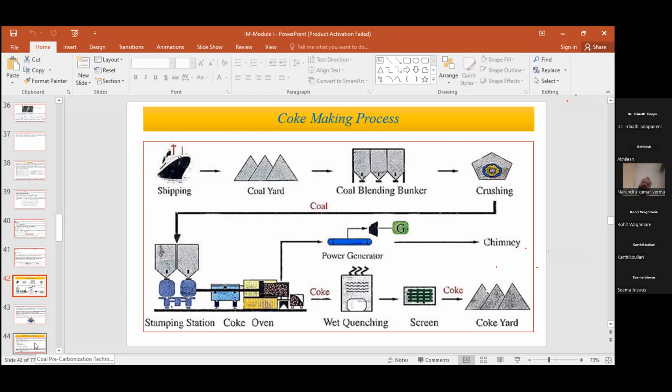We basically bring the coal from outside the mines by different means of transport, mostly by the railways.